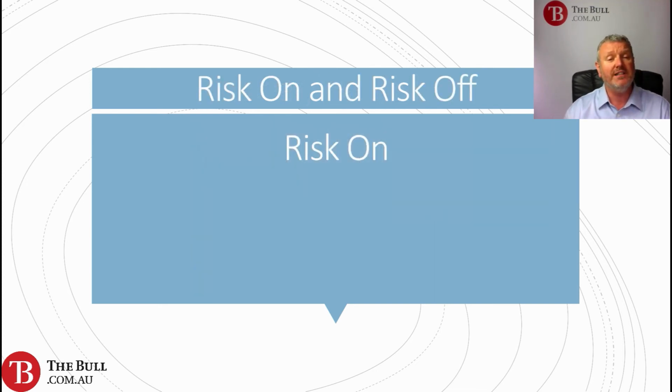Another couple of terms we're going to take a quick look at are risk on and risk off. These are terms that came up post the credit crunch, post 2007, 8, 9, the post credit crunch era.